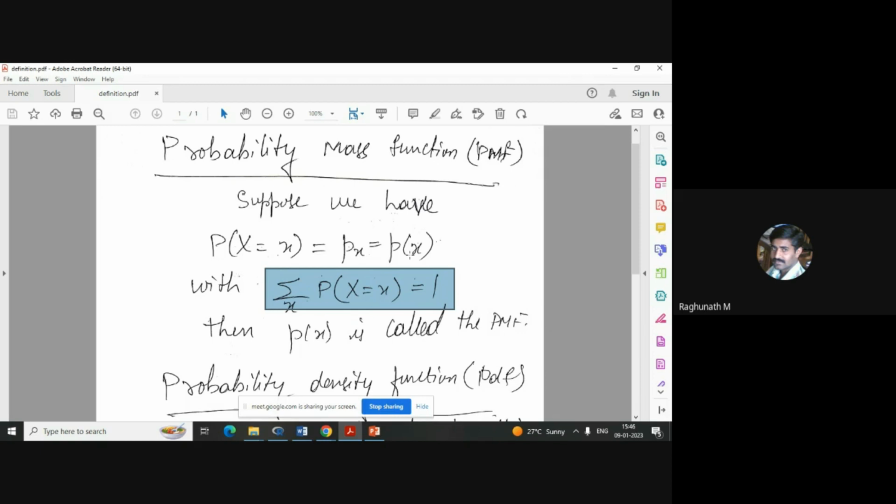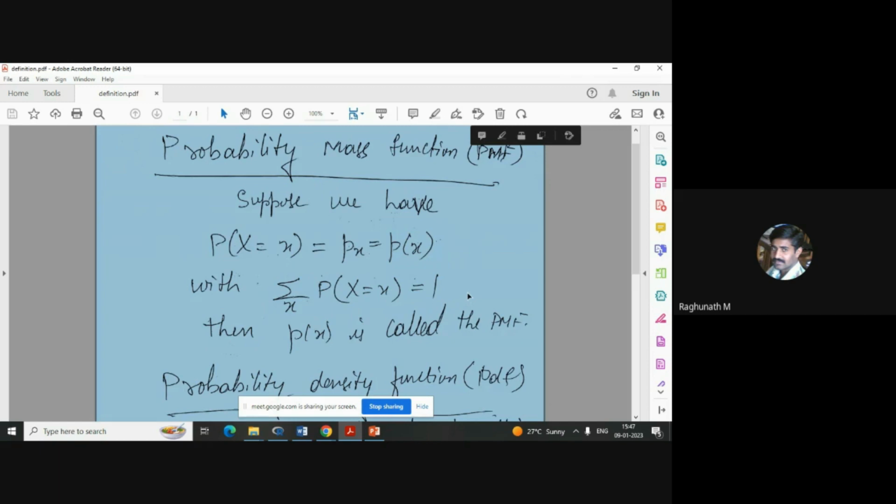It means I am going to put some mass on each of the values x1, x2, up to xk, if there are k values or n values, whatever is there. On each of these small x, we put some mass. That will be the probability, so that the total probability is equal to 1. If this condition is satisfied, then we say that p of x is the probability mass function.